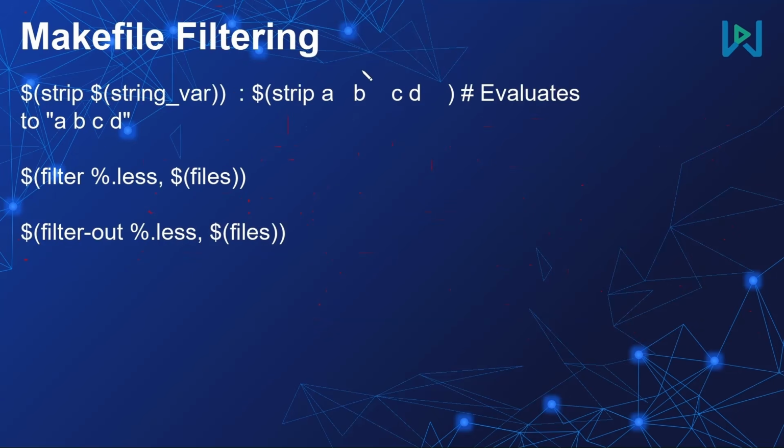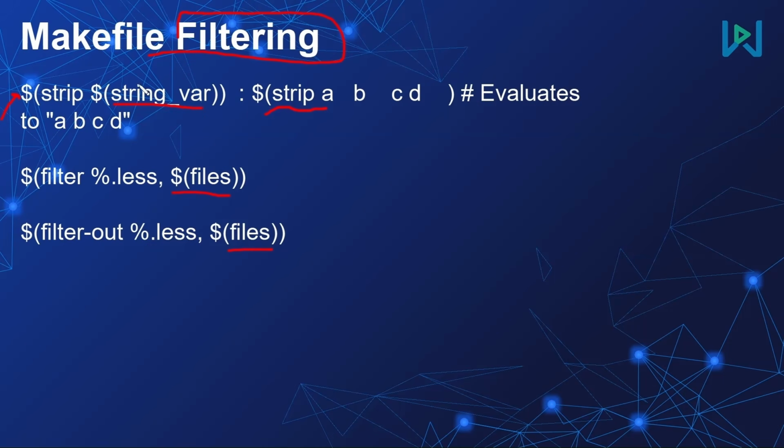We have as well, as built-in functions within our GNU Make, a set of basic Makefile filtering functions. Those ones allow the cleaning up of a set of Makefile variables, as well as filtering a set of patterns out of a list of sources and files. In this first use case, we are cleaning up any extra white space within our string.